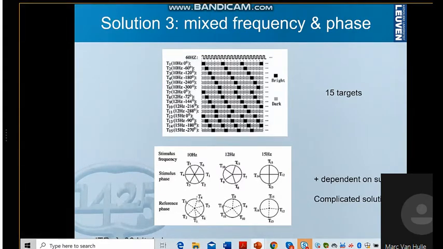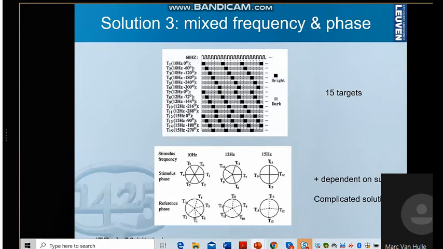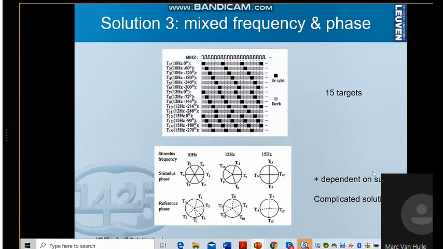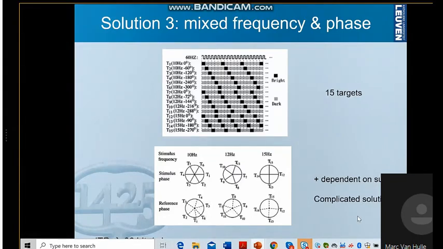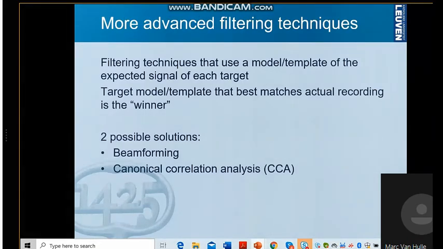There is a delay, the phase circle turns, and there is also a non-equal partitioning of the phase circle. It's also very highly dependent on the subjects, and it leads to very complicated solutions. These algorithms are pretty complicated and also complicated to tune, but the paper reports 15 targets that could be resolved.